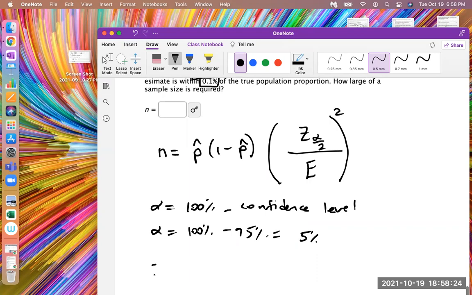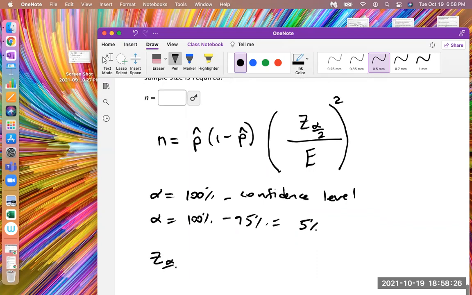Then for z alpha over 2, I always plug in the 5% as a decimal, so that's 0.05, and sometimes I make little humps so that I don't make any mistakes there. It's z of 0.05 over 2, and if I divide that by 2, it's z of 0.025. So this is the actual value that I'm trying to find.